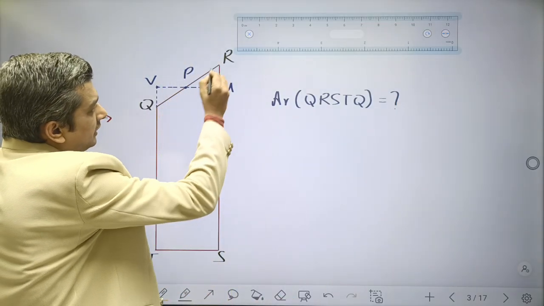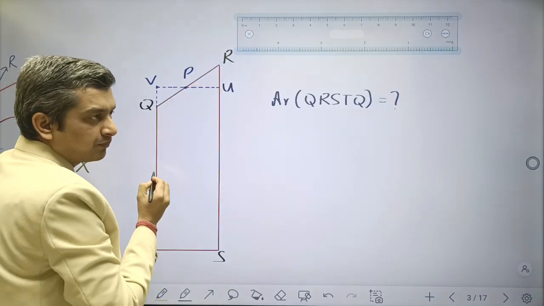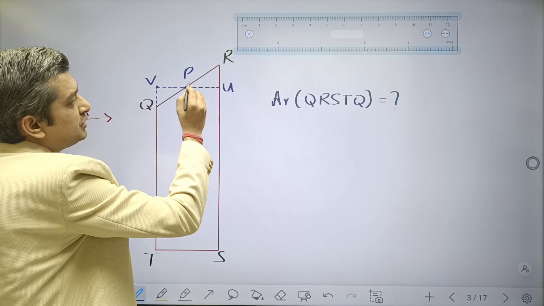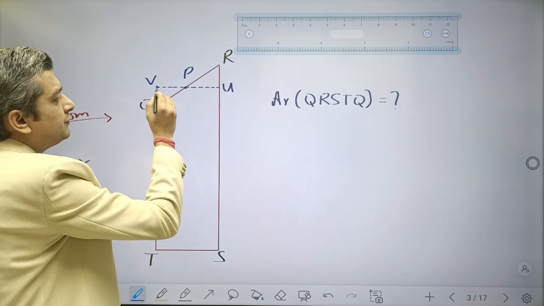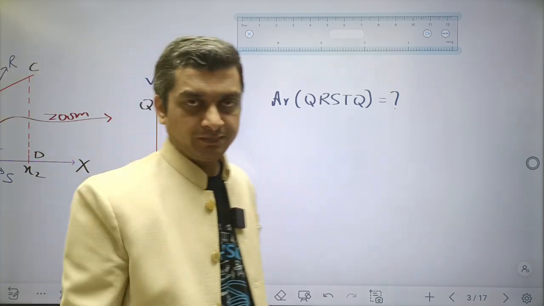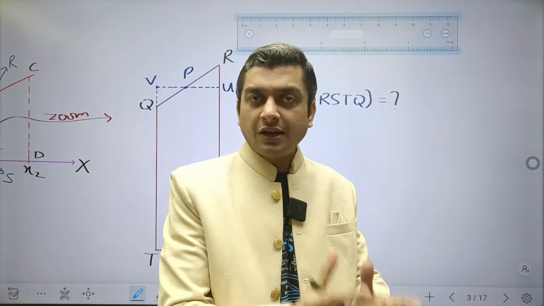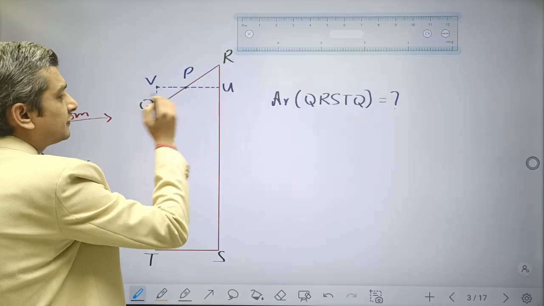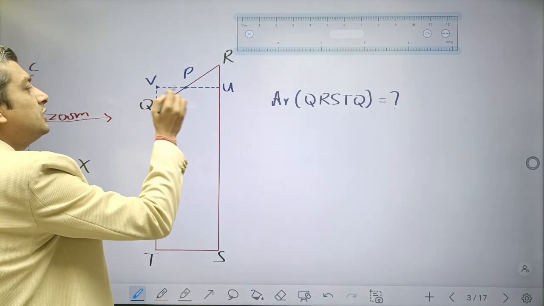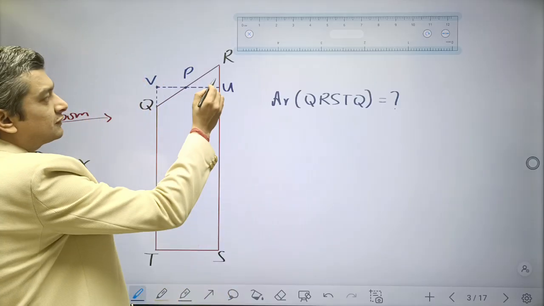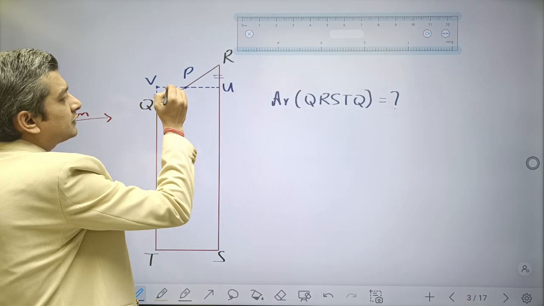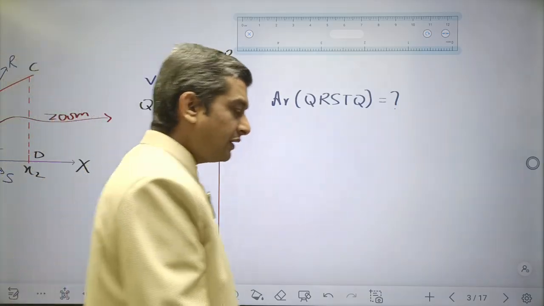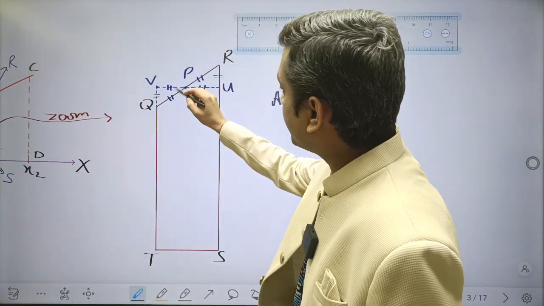Since P lies at the midpoint of this section QR, triangle PRU and triangle PVQ are congruent to each other, they are exactly equal. In maths we say triangle PRU exactly covers the triangle QVP. It means this side is equal to this side, and all the sides are equal, all angles are equal.